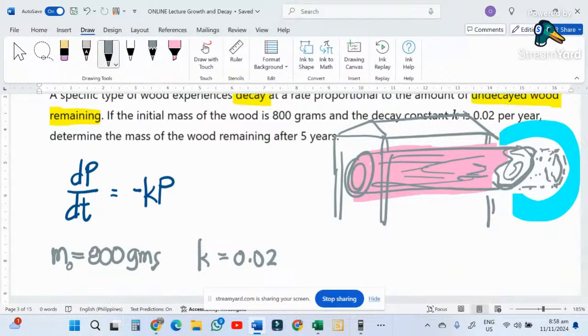How do they get the K? Through experimentation. From the initial mass, they have to weigh it after a year, or if they're going to make a graph, maybe they weigh it after 6 months or so, and then when it gets to 1 year, they get the reduction of weight because some parts of the wood are already gone.